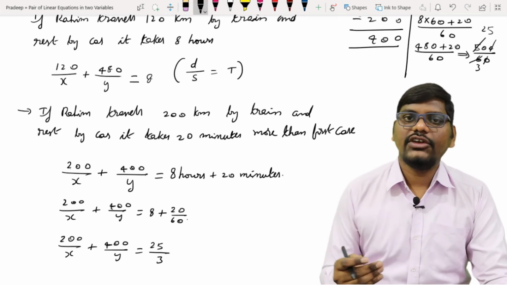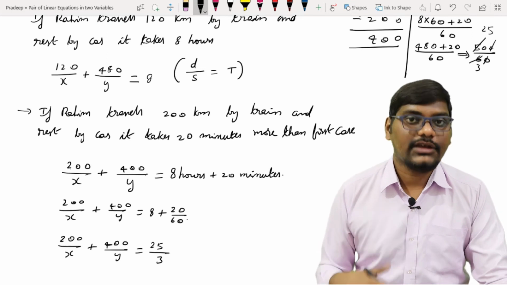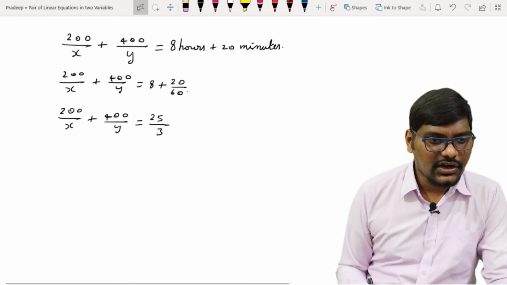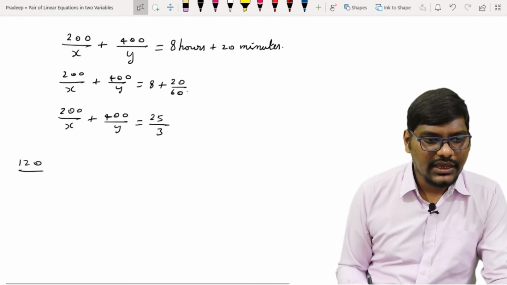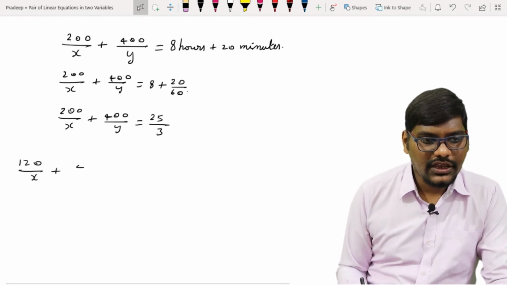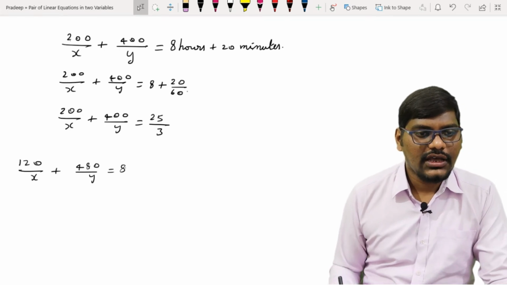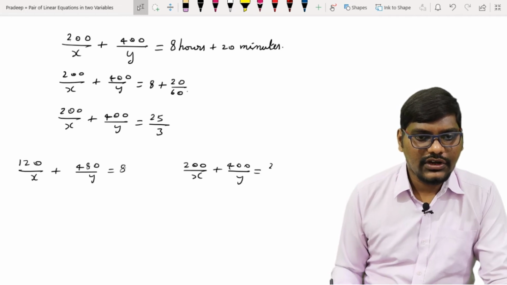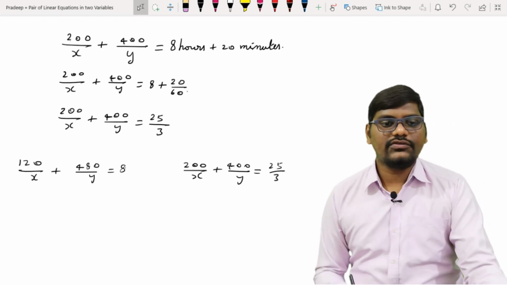So both of the equations we will just take it and we'll make it simple and we'll just solve it. So we'll write here what was the first equation we got, that is 120 by x plus 480 by y equal to 8 is the equation which we got. Second equation is 200 by x plus 400 by y equal to 25 by 3. These are the two equations which we got.